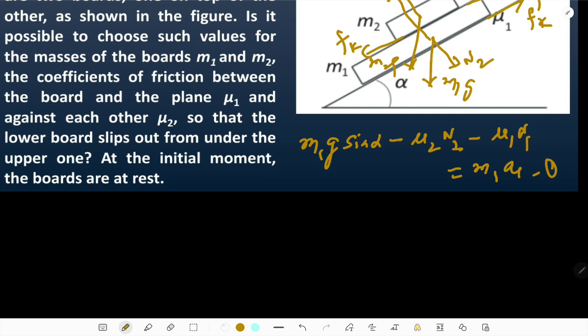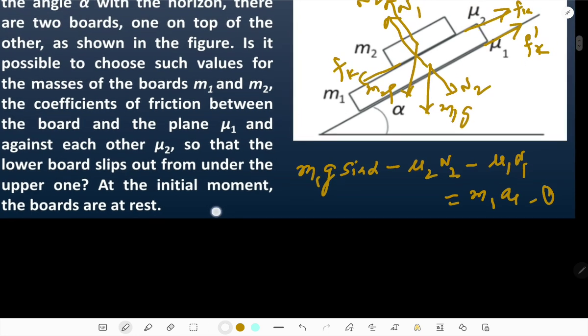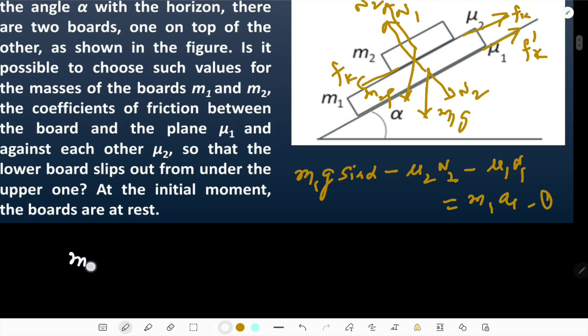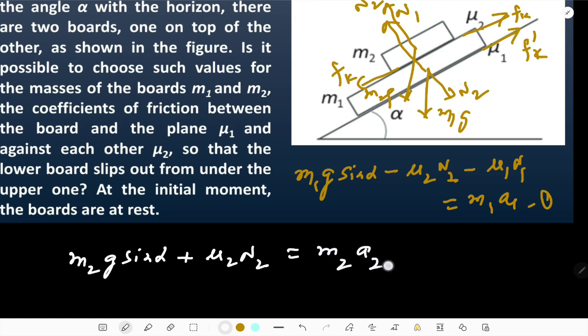And then I would like to write the equation of motion for M2, and this is simply down the incline. This is M2g sin alpha plus the force of friction, kinetic friction acting between them, and that is μ2 N2, and nothing else. That will be equal to mass into acceleration of the board 2, m2 a2. That is the equation number 2.